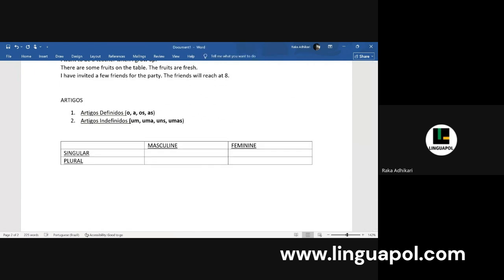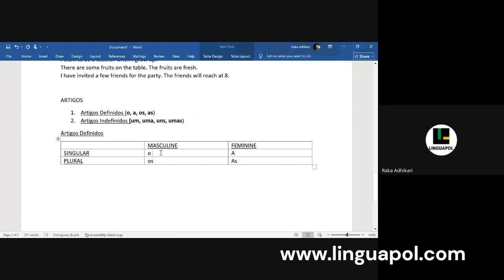First, let's talk about the artigos definidos, definite articles. So masculine singular is o. Masculine plural is os. Then feminine singular is a, and feminine plural is as.